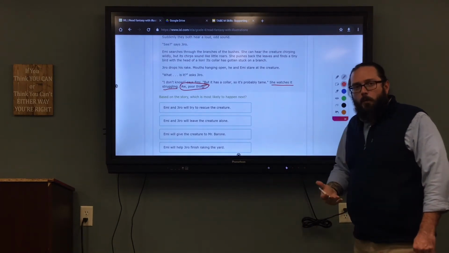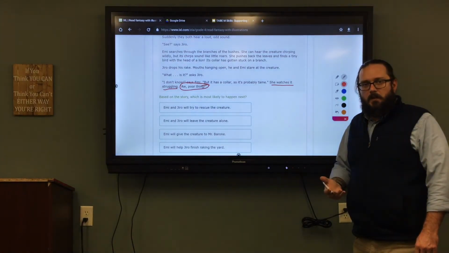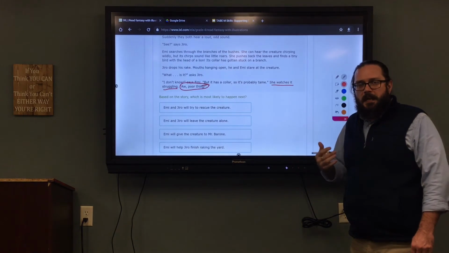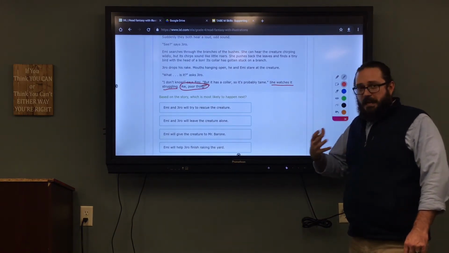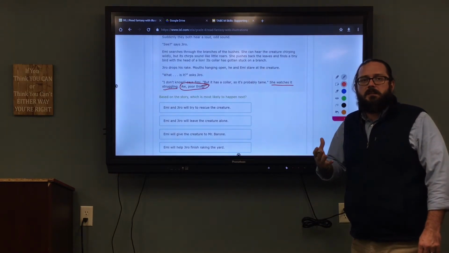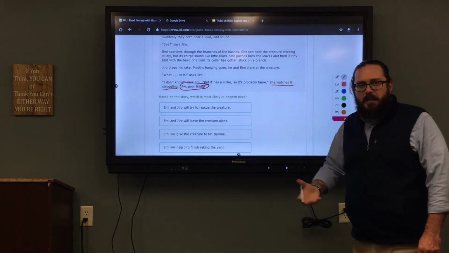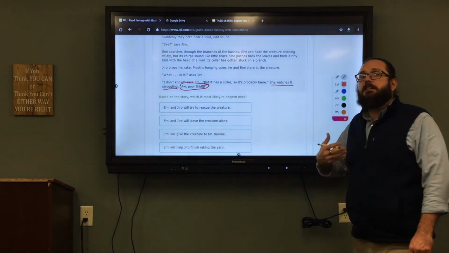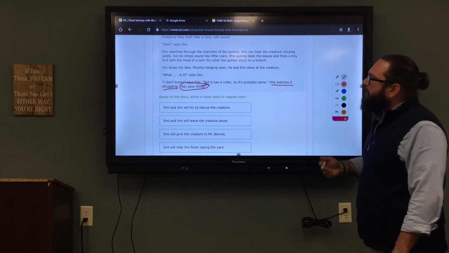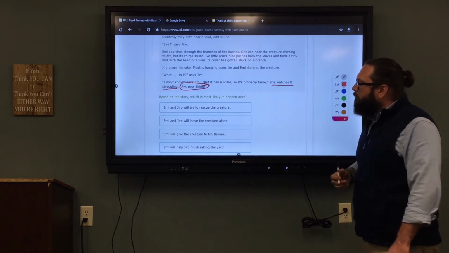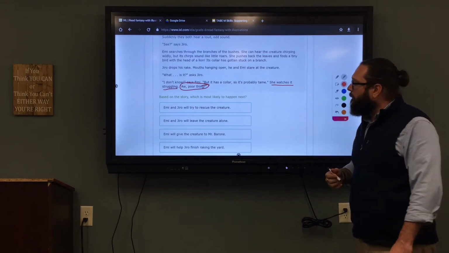So, what would you do in this situation? Well, past experience and the knowledge that we have, even when dealing with dangerous creatures, we see that people will, out of compassion, try to help rescue the creature and get them free. So, in this case, Emmy and Jiro will try to rescue the creature. Seems like a good prediction.